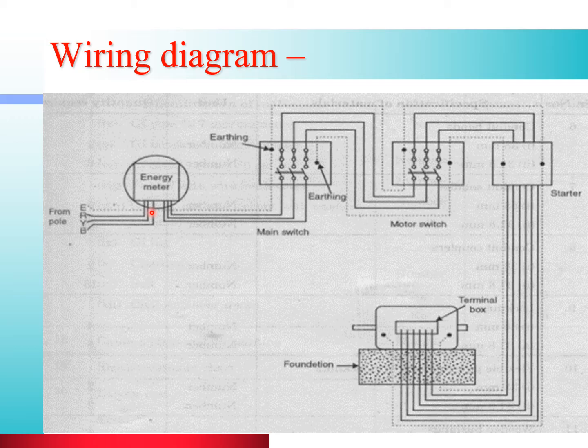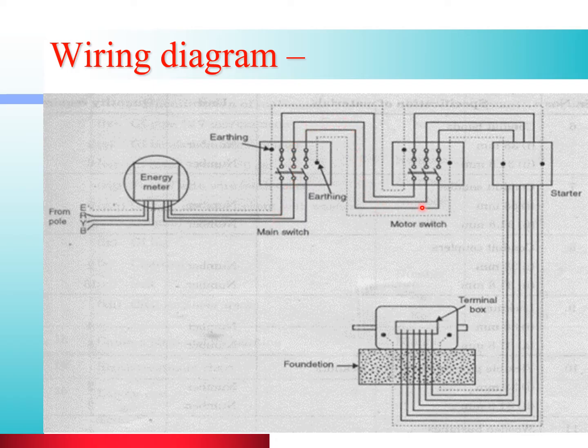This is the wiring diagram, as we have seen in single line diagram, for 3-phase induction motor. This is the actual wiring diagram. Here 3-phase supply R, Y, B is given to energy meter. Then this 3-phase supply is given to the main switch, iron clad triple pole.